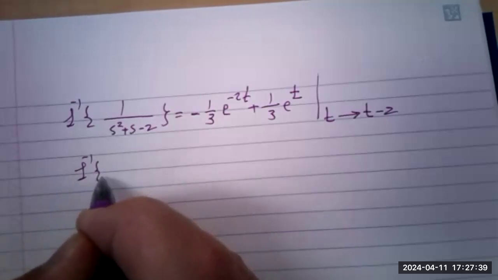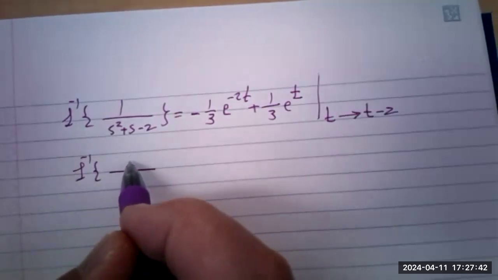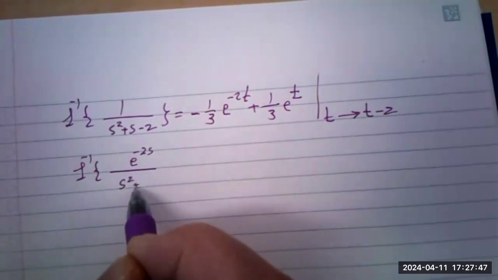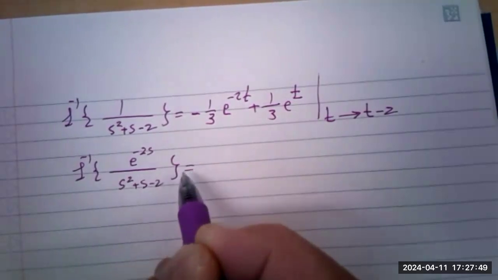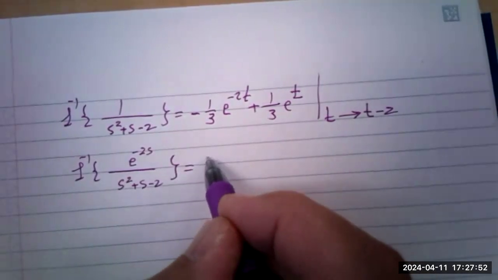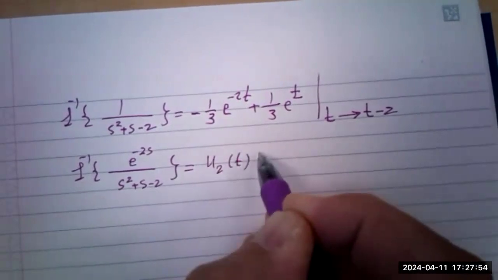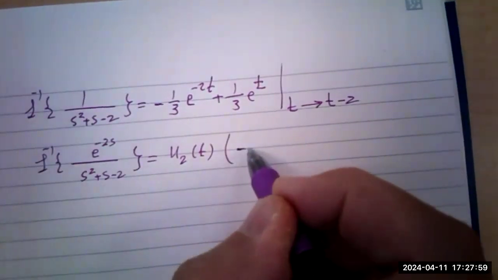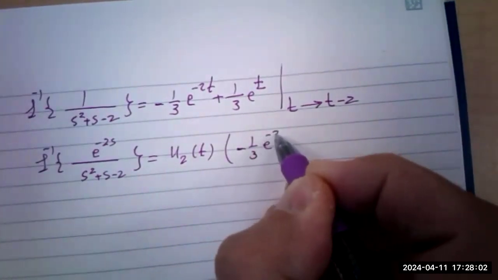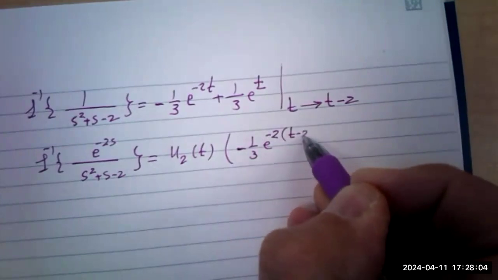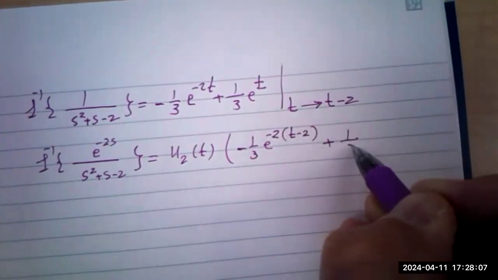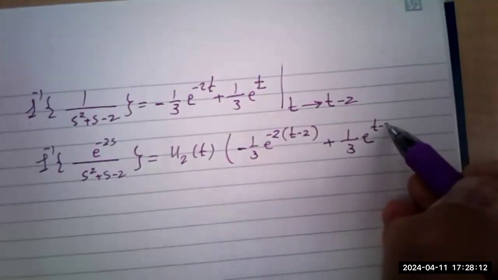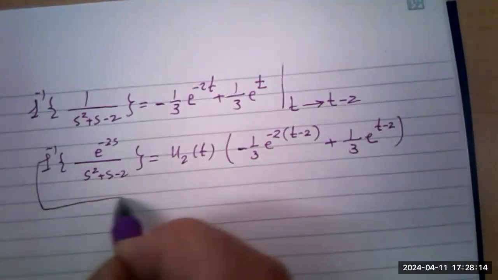So the Laplace inverse of the given function, which was e to the negative 2s over s squared plus s minus 2, is equal to the unit step function u2(t) times this function, but you have to change the t into t minus 2. It's going to be negative 1/3 e to the negative 2 times t minus 2, plus 1/3 e to the t minus 2. So that would be the final answer.